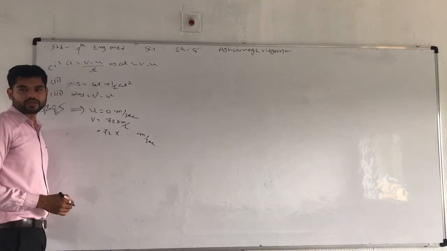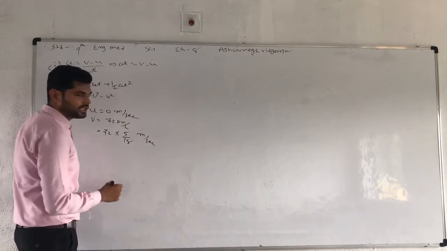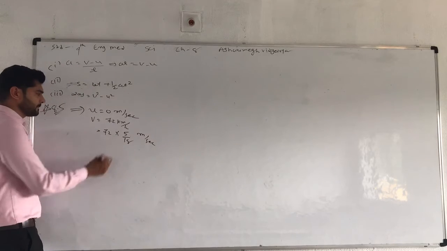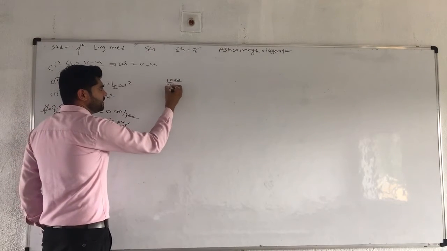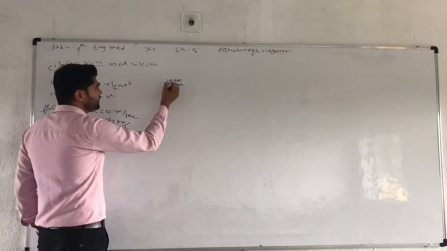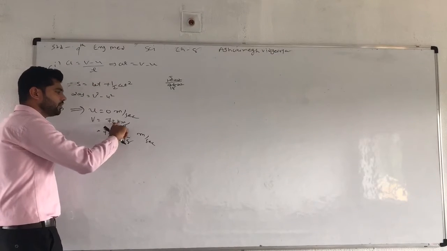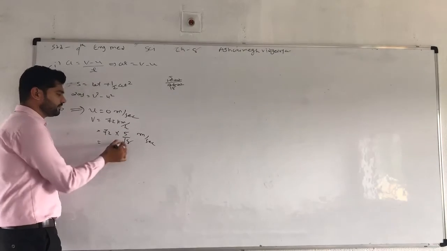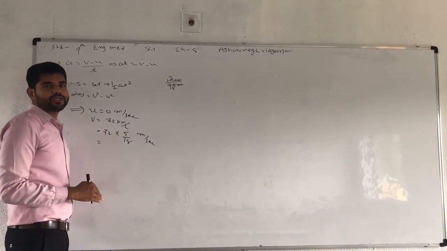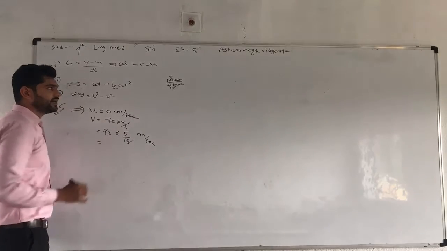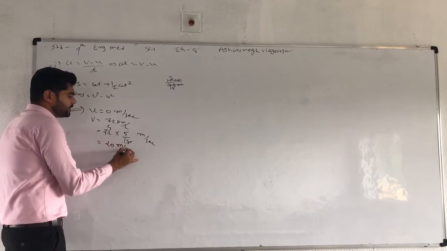Meter per second converted into kilometer per hour, we multiply by 18 divided by 5. After cancelling, the remaining part is 20 meter per second.